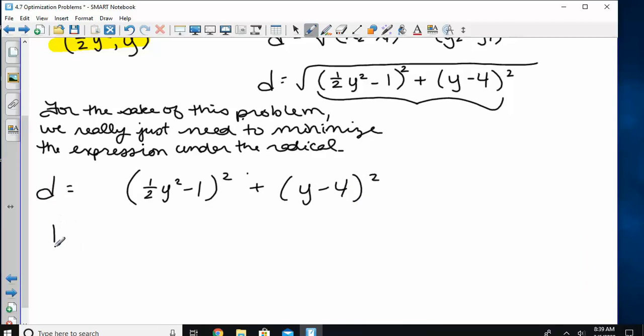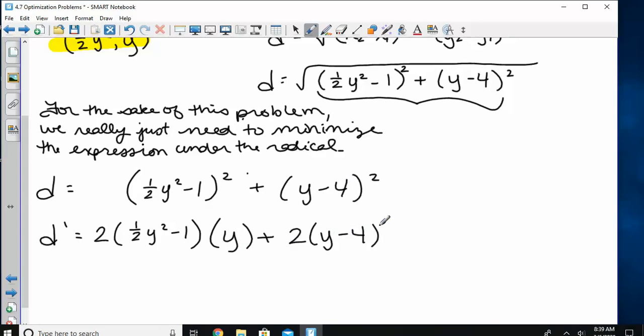So to minimize this, we just need its derivative. You could FOIL it all out first. I'm just going to deal with it as it is, so I'm going to do chain rule. So 2 comes down, inside stays the same, subtract 1 from the power, times derivative of the inside, derivative of 1/2 y squared would be y, plus over here, exponent comes down, inside stays the same, subtract 1, derivative of the inside is just 1.